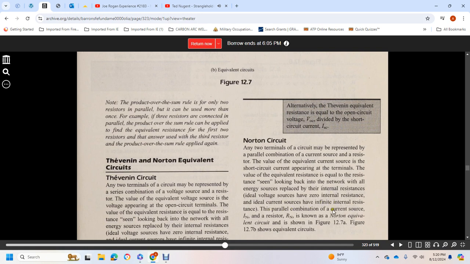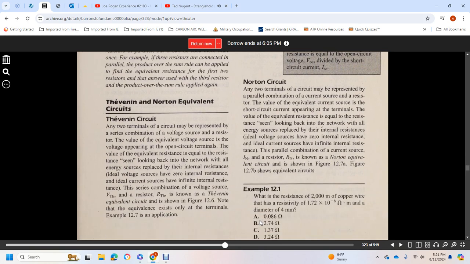The parallel combination of a short circuit current source and a resistor is known as Norton's equivalent circuit, shown in figures 12.7a and 12.7b.